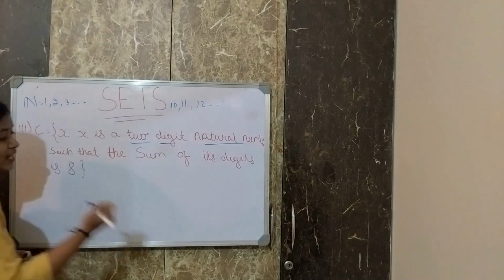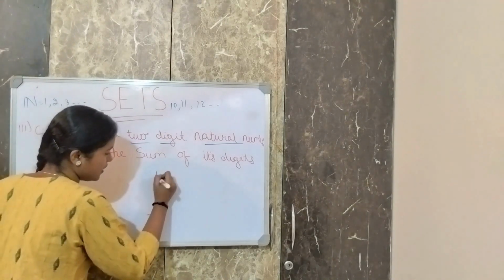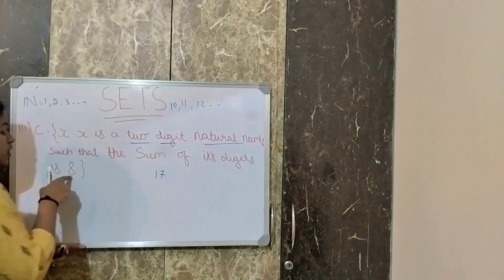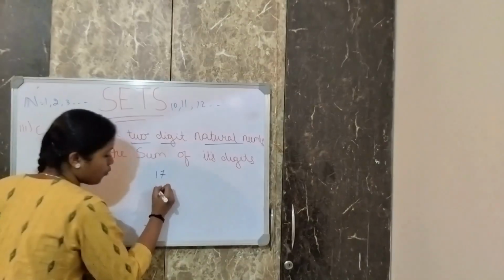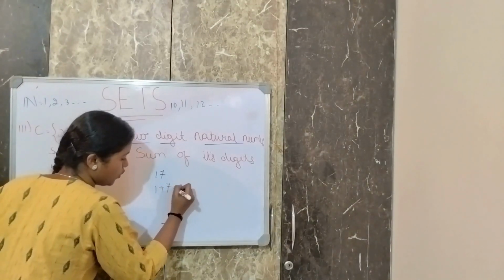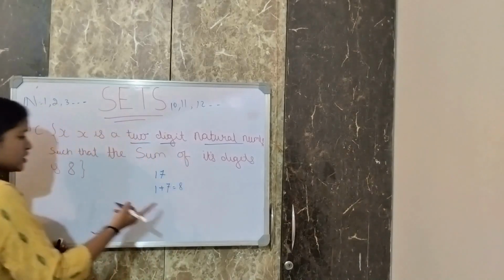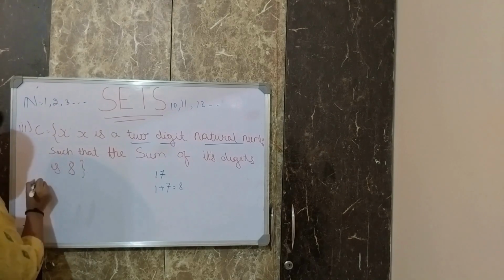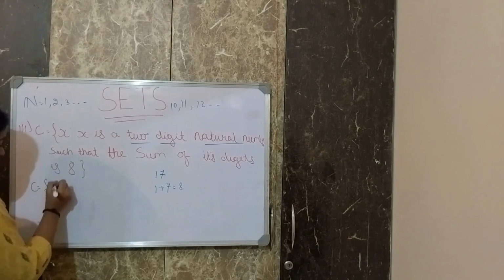For example, let's take a 2-digit number 17. If you add these 2 digits, your sum should be 8. So 1 plus 7 equal to 8. So 17 is an element of the set C. So the first element is 17.